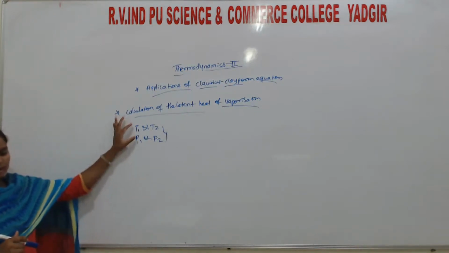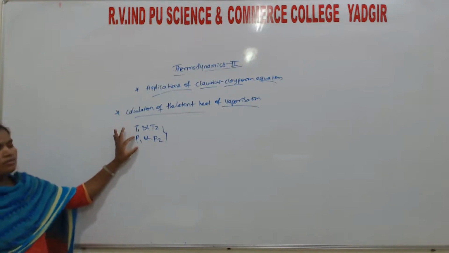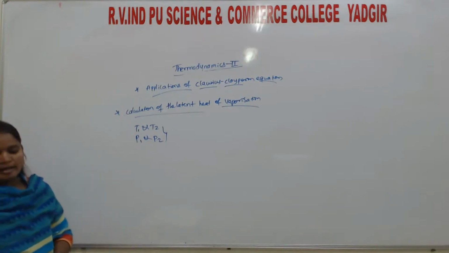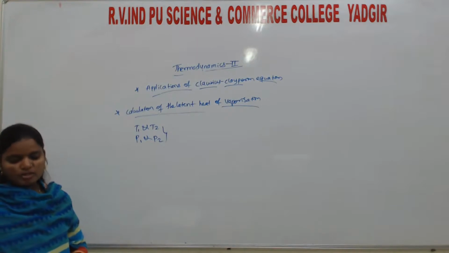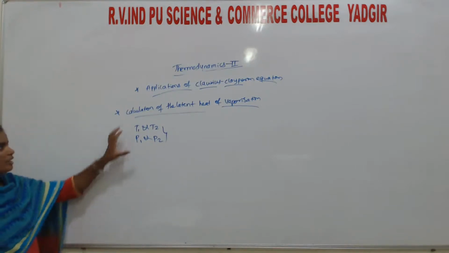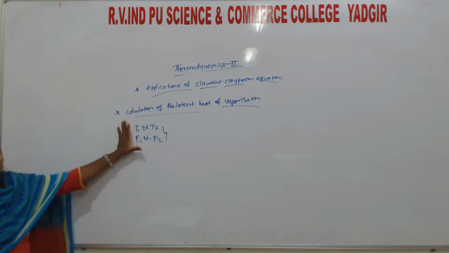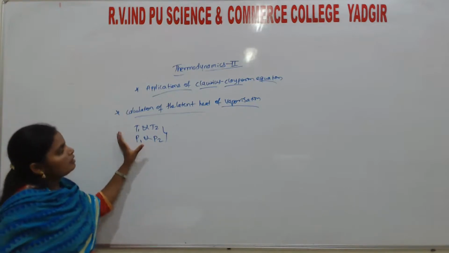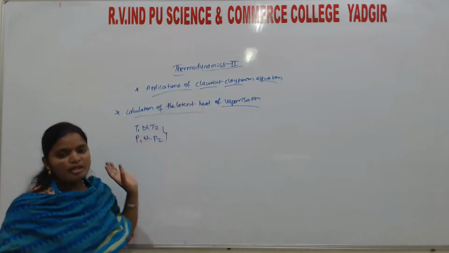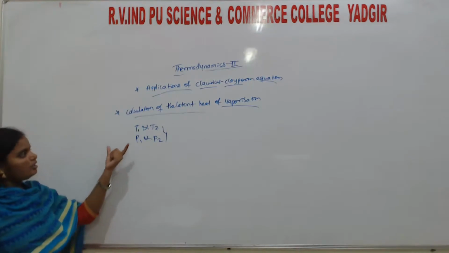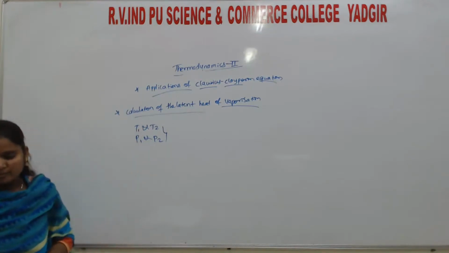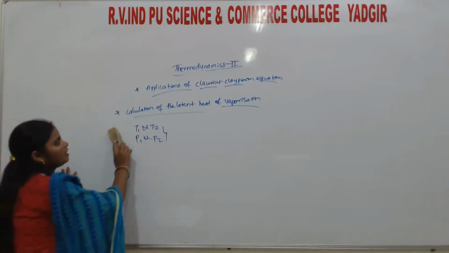This is a temperature and this is a vapor pressure. And the molar heat of vaporization as well as the latent heat can be calculated. This is the first application.